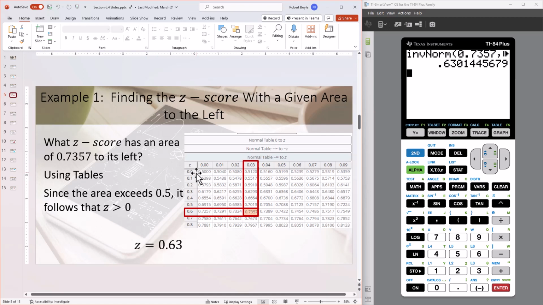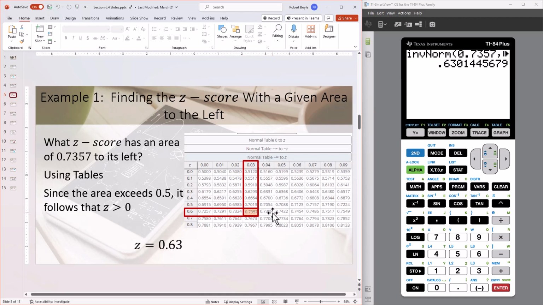The way you would do that is to go to the normal table, negative infinity to z, whenever the z value is greater than 0.5, you want to use this. And notice here, we have 0.7, and also notice that these values are always monotonically increasing. So what you can do is just keep on following the table until you find the value.